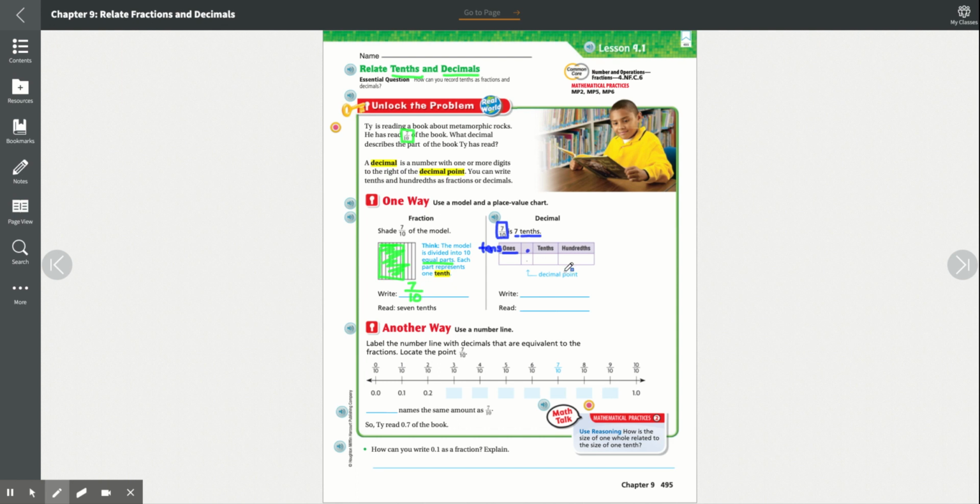There's the decimal point that separates whole from the parts. And those smaller parts of a whole have these names. Ready? The smaller part is tenths, but even smaller than that would be hundredths. So this is our place value chart you need to keep in mind.